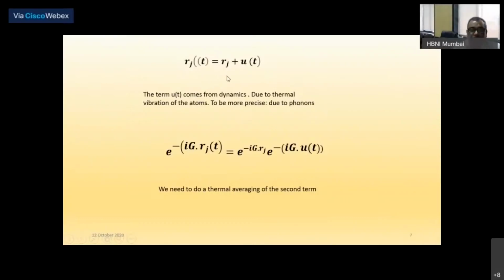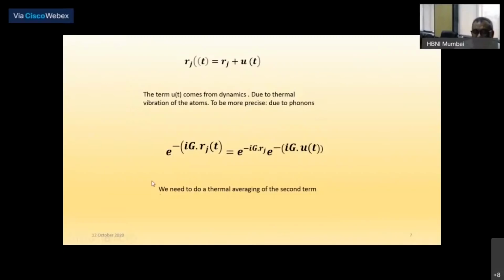One is the 0 Kelvin lattice position, the fixed position, and the other is the displacement around that. And this term comes from dynamics. Right now I am not talking about dynamics directly, but through an average picture as you see here.